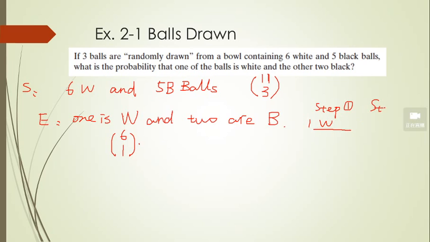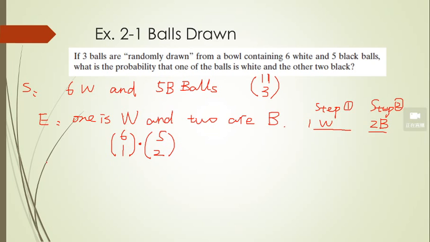And then step 2, you are going to choose 2 black, right? So that is 2 steps. Between the steps, you will do the multiplication. So we finish the first step, we choose 1 ball, and then we are going to choose 2 more from the black. So the total will be 5 choose 2. Then you finish, you choose the 3 in this way. So that is event E. We can make sure we have 1 white and 2 black, right?